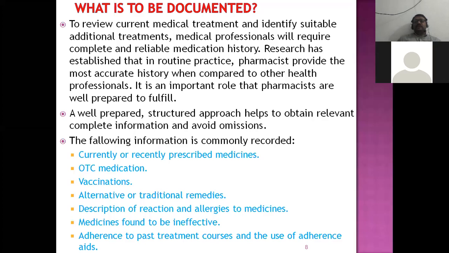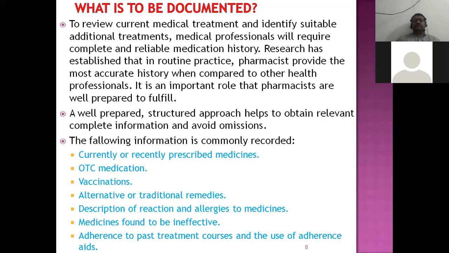Alternative or traditional remedies, if taken by the patients, can be measured or accounted for during collection of the history. Medications: a description of reactions and allergies to particular medicines. If a patient suffers from an allergy to particular drugs, that should be notified by the patient to the pharmacist or information collector.